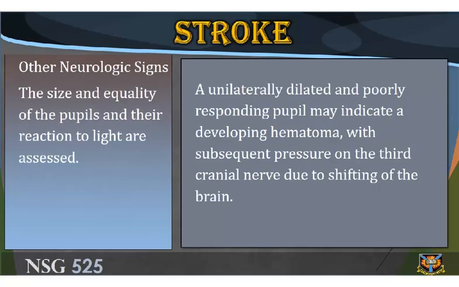Other neurologic signs. The size and equality of the pupils and their reaction to light are assessed. A unilateral dilated and poorly responding pupil may indicate a developing hematoma with subsequent pressure on the third cranial nerve due to shifting of the brain. If both pupils become fixed and dilated, this indicates overwhelming injury and intrinsic damage to the upper brainstem and is a poor prognostic sign.